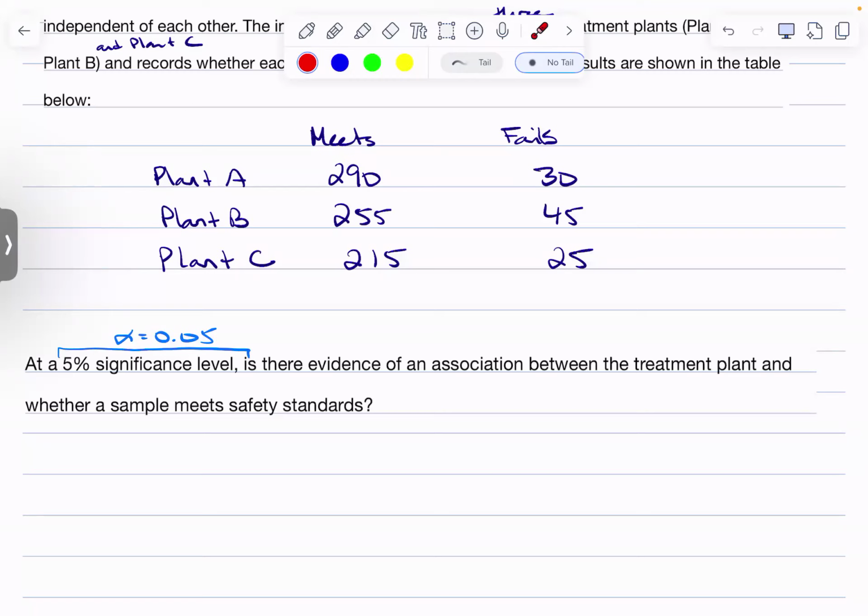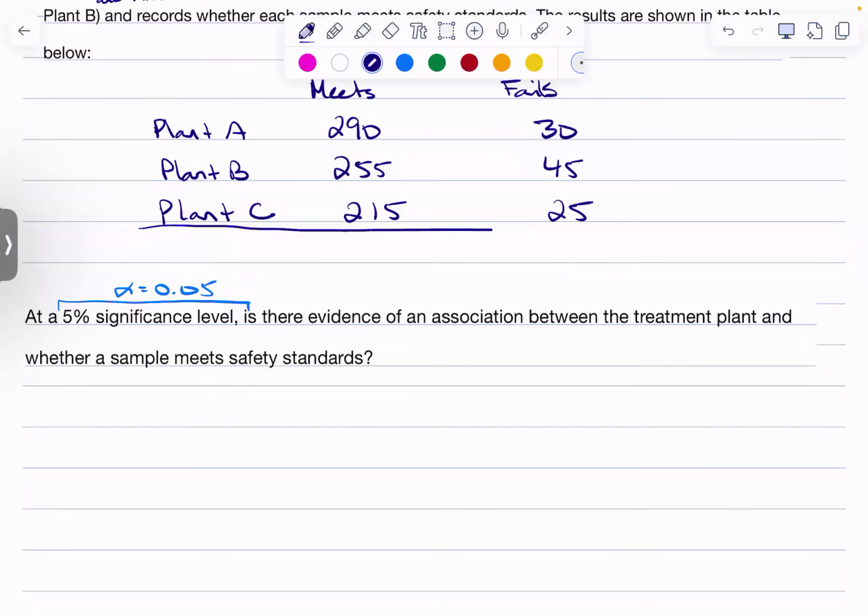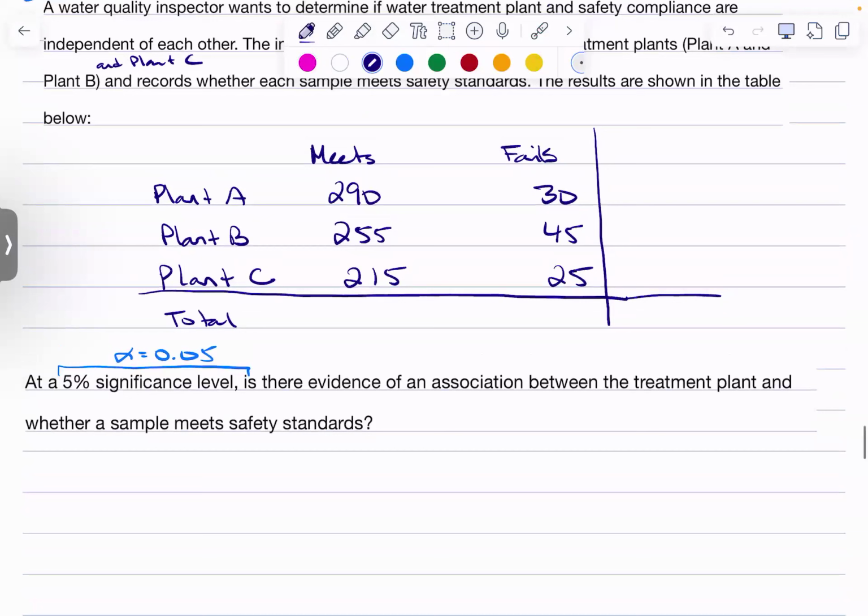And so what we need is the totals. Some proportion of the grand total meets the safety standards, which is going to be 290 plus 255 plus 215. Oh, a nice, beautiful 760. 30 plus 45 plus 25.